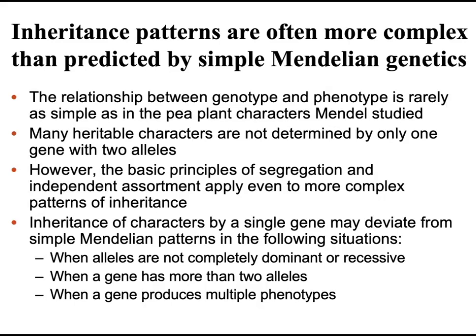However, the basic principles of segregation and independent assortment that he discovered do still apply to more complex patterns of inheritance. Inheritance of characters by a single gene may deviate from simple Mendelian patterns in the following situations: when alleles are not completely dominant or recessive, when a gene has more than two alleles, or when a gene produces multiple phenotypes. Let's look at all of these situations.